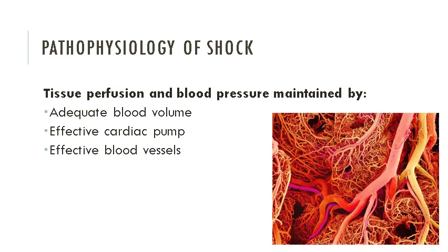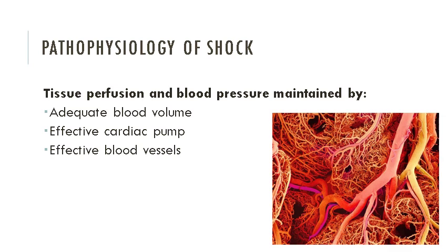The pathophysiology of shock gets back to tissue perfusion. So we have to maintain perfusion to our tissues throughout our entire body. And the way that we do that is through three different ways. The first is having adequate blood volume, so adequate circulating blood volume.